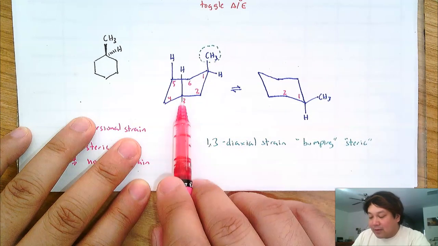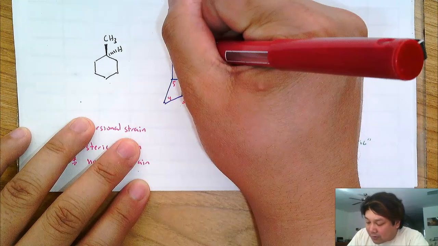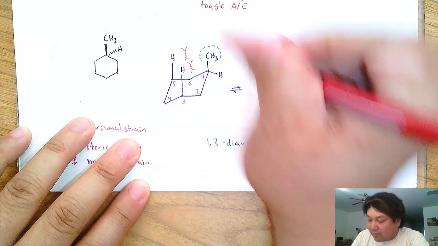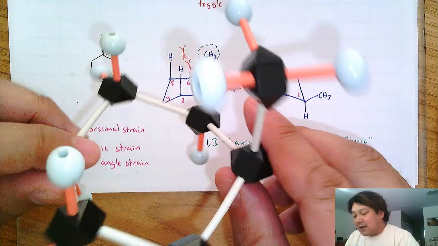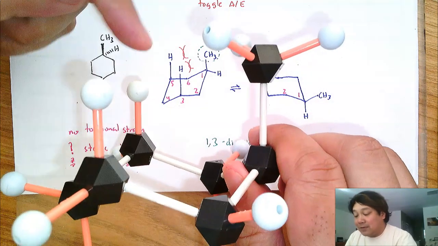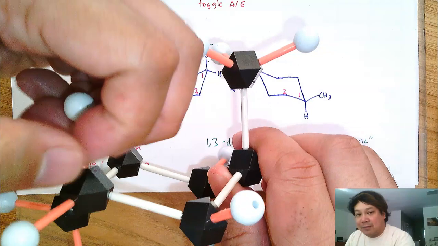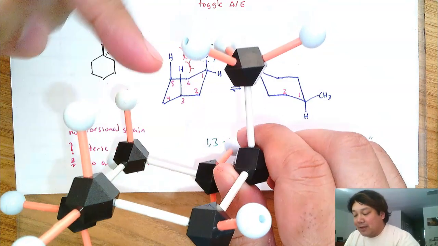To indicate this bumping strain, you could do something like this. Okay. I know they look kind of far on the paper, and they don't look that bad in real life, well, in models. But remember, these hydrogens have some heft to them. They have some bulk.